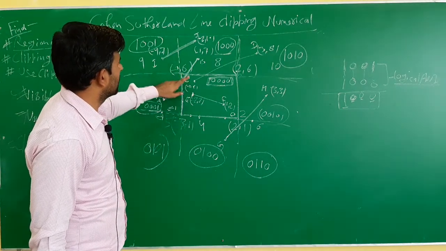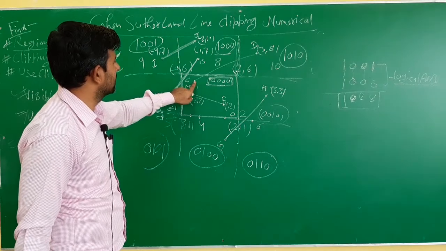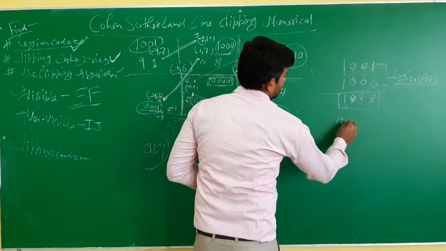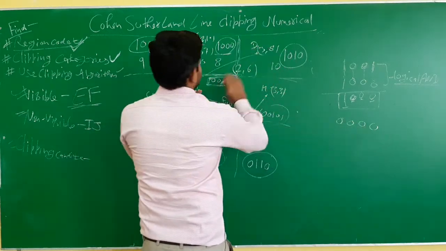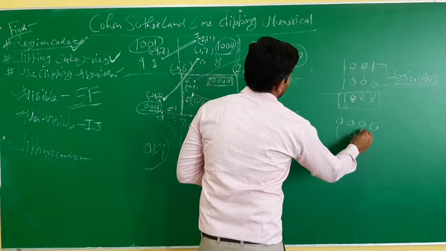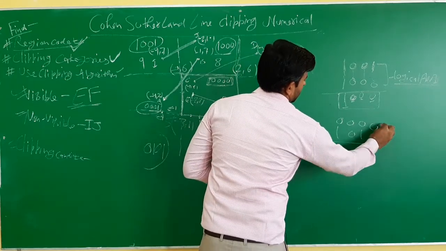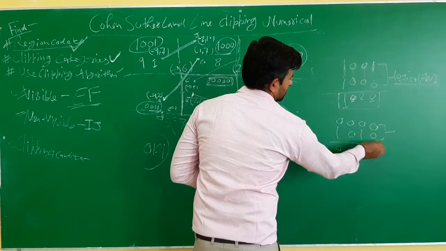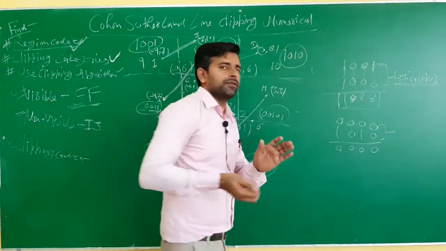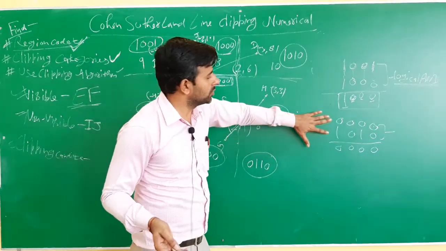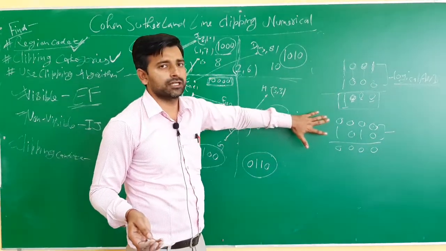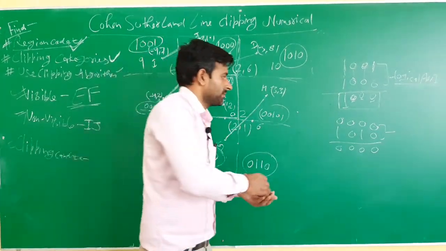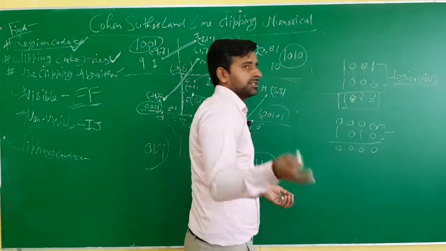Next, come to the next line, CD. C has the region code 0 0 0 0, and D has the region code 1 0 1 0. When we perform logical AND, we will get 0 0 0 0. 0 into 0. If you want to know these operations, logical AND, logical NAND, how to add, how to subtract, you can also go to the binary logic section.